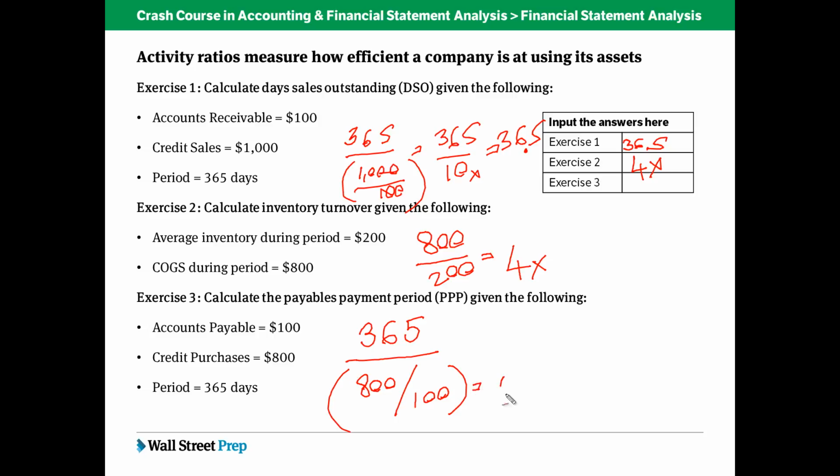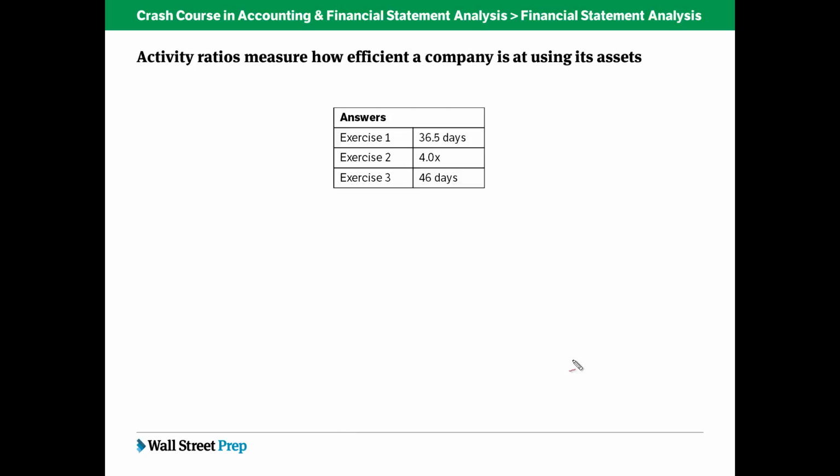So that equals 8. Numerator is 365, and if you divide that, there's no period, just 365 divided by 8, you're going to get something like 40 something. I'm going to do the math here. Let's see what we've got as our answer. 46 days.